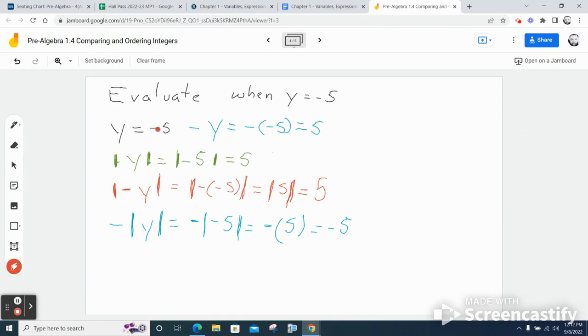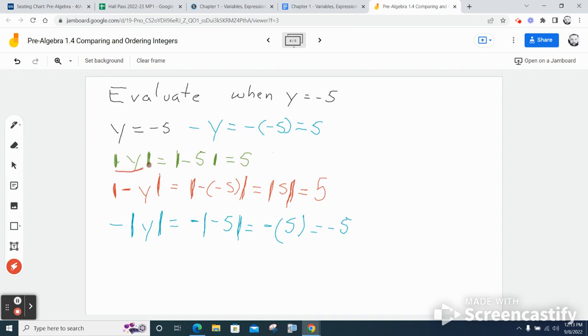I've written out all the work, but let me explain. It says we need to evaluate an expression when y equals -5. So our expression is -y. So what I'm going to do is I'm going to write the negative sign right here. And then wherever there's a y, I'm going to put in parentheses -5. So when I say -y, I'm really saying -(-5). What is the negative of a negative? A positive. When you multiply a negative by a negative, you get a positive. So the negative of y is 5.